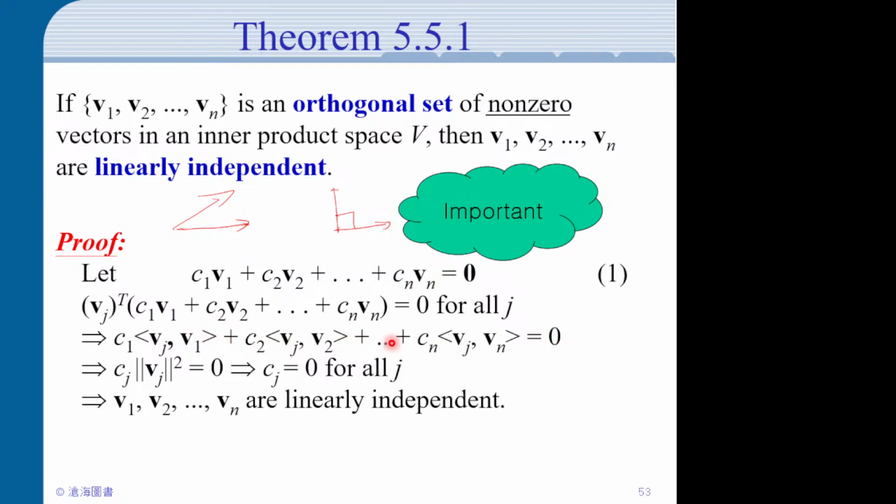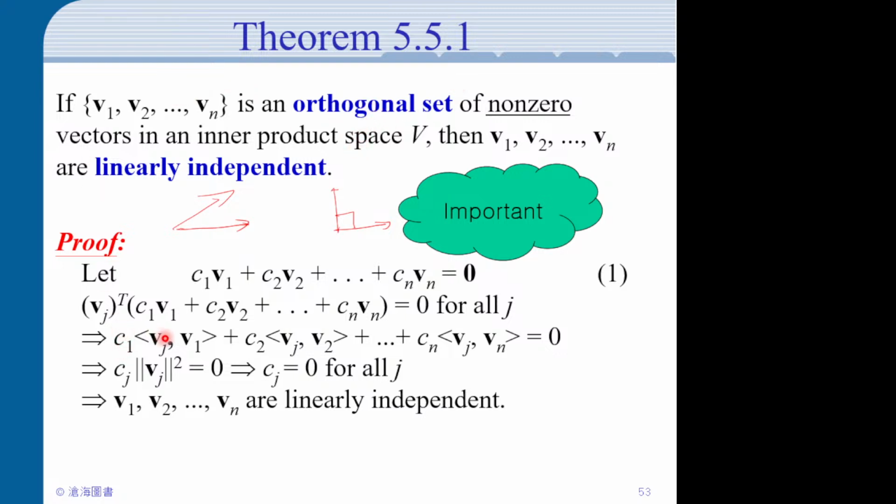Here we can use orthogonality. Vj inner product with anything that's not Vj is 0 because the set is orthogonal.